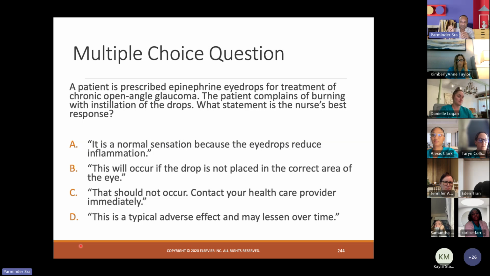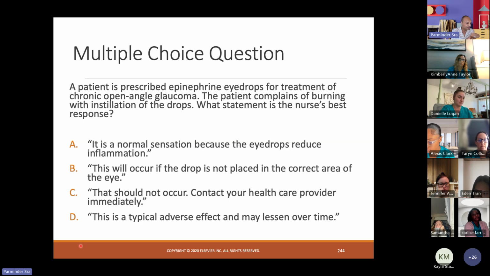Okay, normal sensation, maybe you're thinking that that usually happens with eye drops, a localized effect. But now if you read the rest half of the question, because the eye drops reduce inflammation, is there anything we read about that, that whenever there is a reduction of inflammation, then it has to burn?